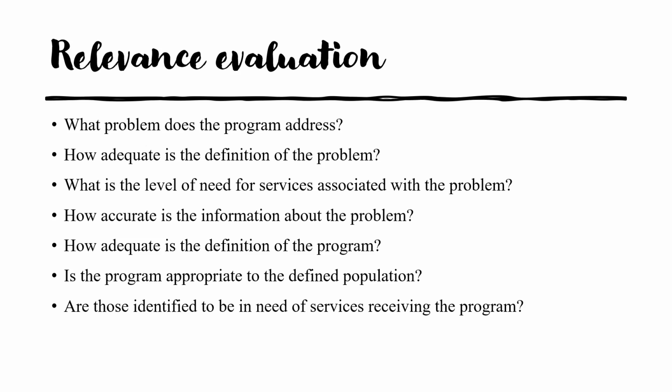There are 7 key questions in the evaluation. They are: what problem is the program addressing, how adequate is the definition of the problem, what is the level of need for services associated with the problem, how accurate is the information about the problem, how adequate is the definition of the program, is the program appropriate to the defined problem, and are those identified to be in need of services receiving the program.